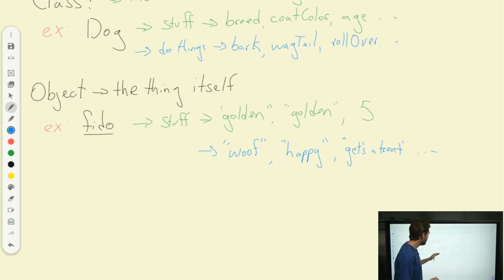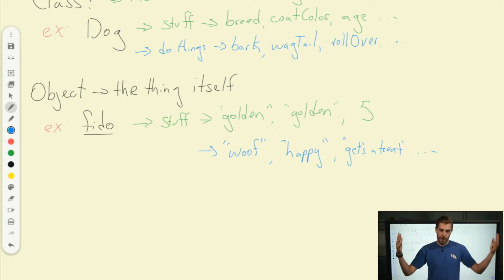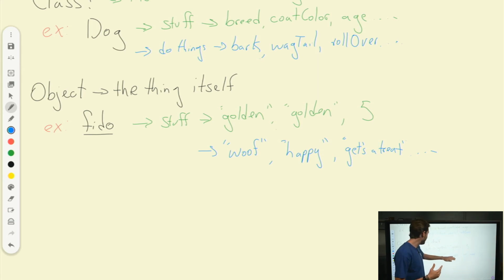Some of these behaviors might be influenced by what information we give our method. So we may give some new information to our method to change the behavior, or it may be set by the class. That may be something that we say doesn't change across all breeds of dog. So our methods and our stuff can change depending on what we as programmers decide is important.